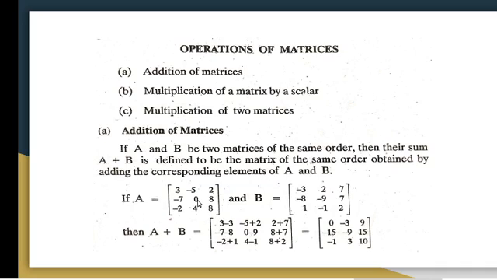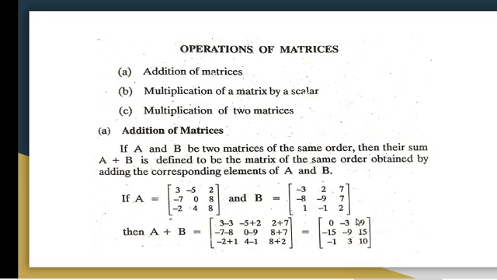Then second, 0 minus 9. Then 8 plus 7. So the second row elements are done. Then third row elements. Minus 2 plus 1. 4 minus 1.